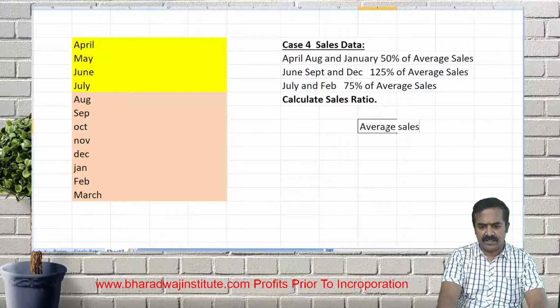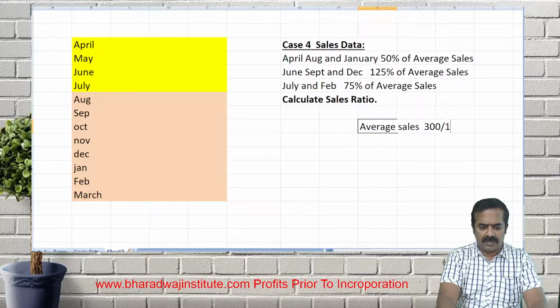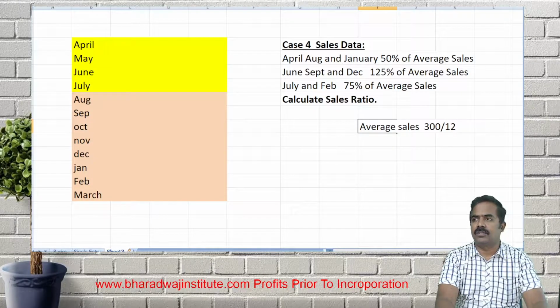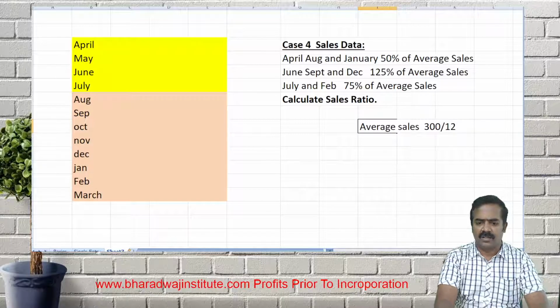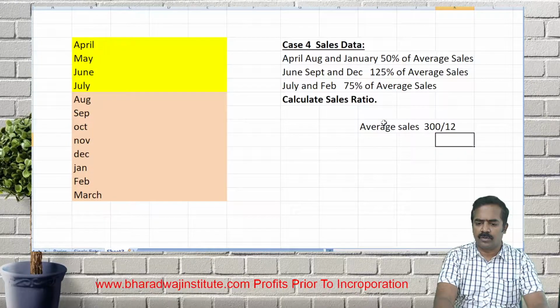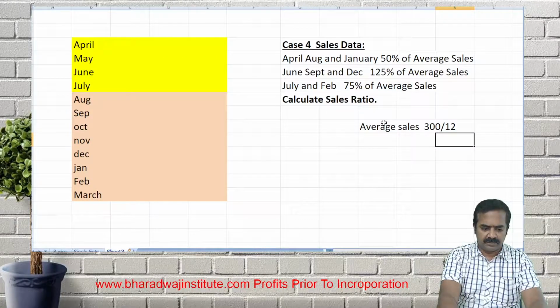What is average sales? 300 crore divided by 12 months. 300 crore is the sales for the year, divided by 12 months, so 25 crores.